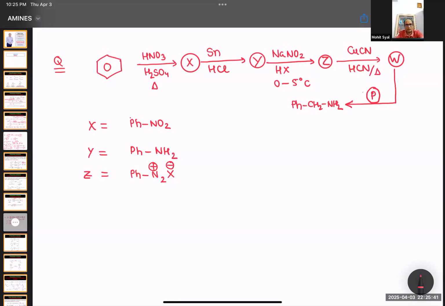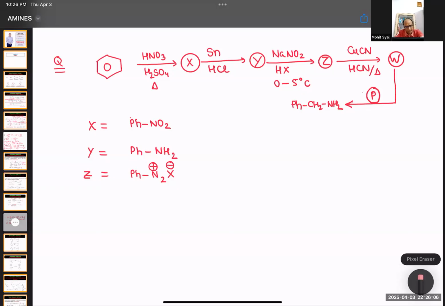That is the question. And in this case, we have taken CuCN and HCl. So which group is going to come in its place? Tell me. In place of N2 plus, which group is going to come and occupy the position of N2?